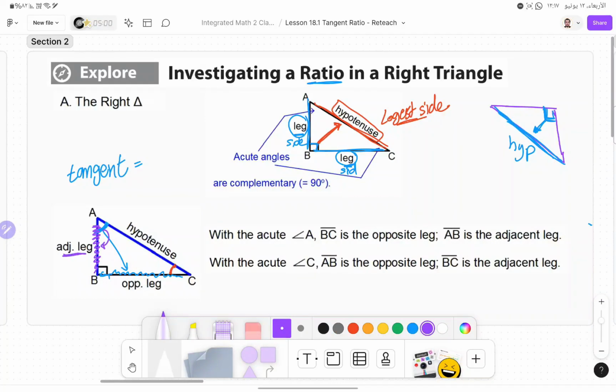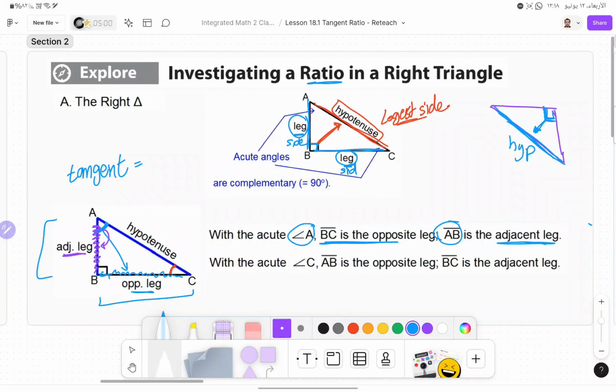This one we call adjacent, and the side opposite to angle A we call the opposite side, and the hypotenuse is the longest side. So for angle A, BC will be my opposite and AB will be my adjacent.